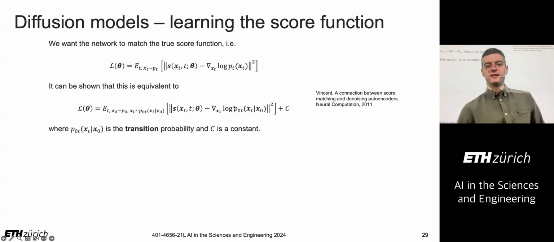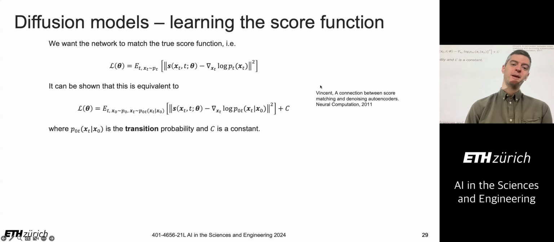Okay, so again, I'm taking multiple steps at the same time here to give you the overview. But there is another paper you can read which says that this expectation over t and xt can be rewritten as this expectation, where we've turned the unconditioned distribution as a function of x into a conditional distribution of x given the initial value of x.